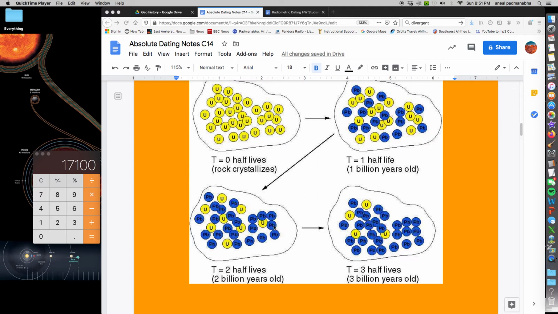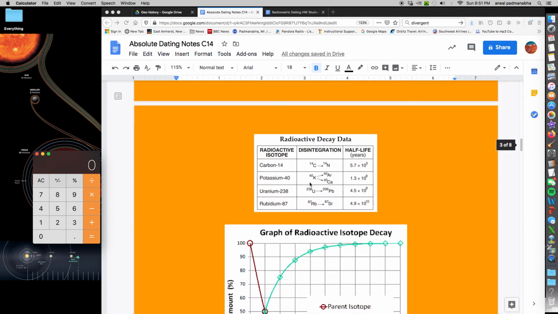If it goes through another half-life, half of these 8 uraniums will turn into lead, which would mean you would only have 4 left. After another half-life, which would be 3 half-lives, 1, 2, 3, 4. And this will continue on and on until, I don't know, you never have total disintegration, but it will continue on for all that amount of time.